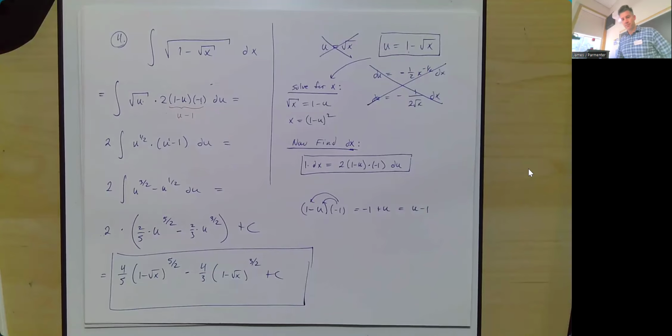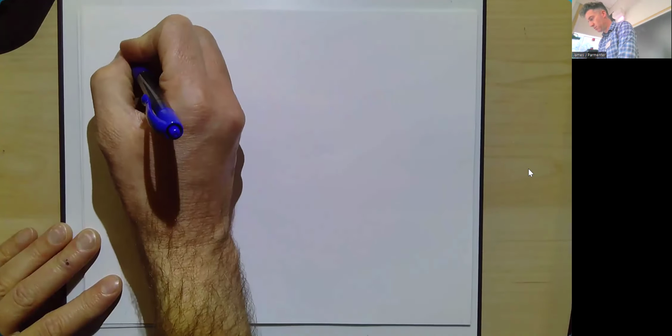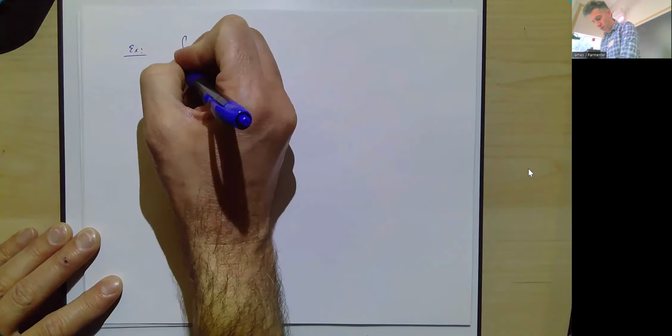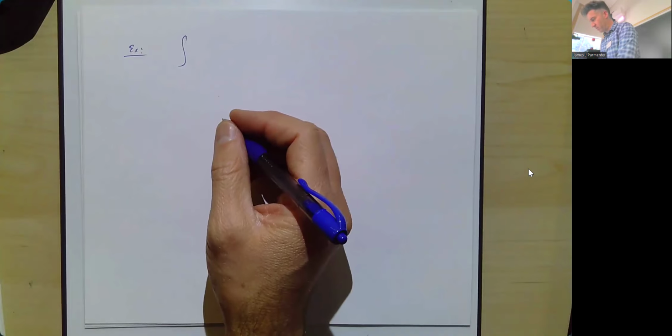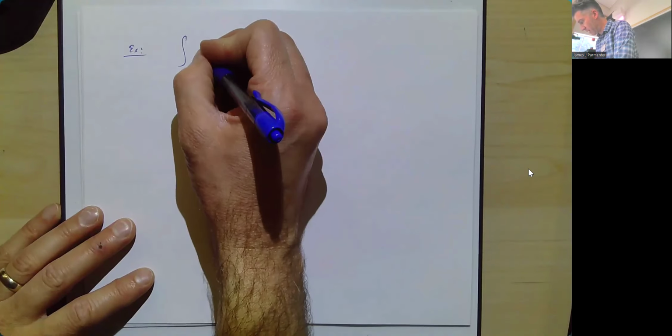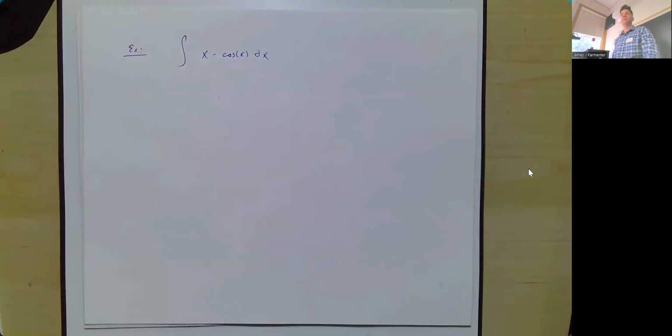Sometimes it won't. For example, the integral of, let's do this one first, x times cosine of x. There is not a good u substitution here.